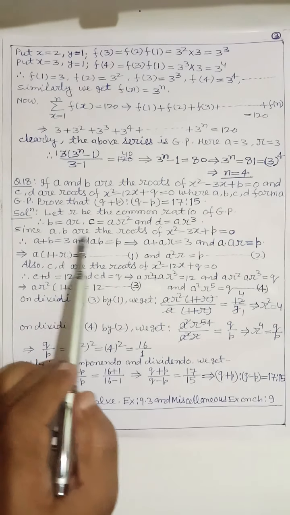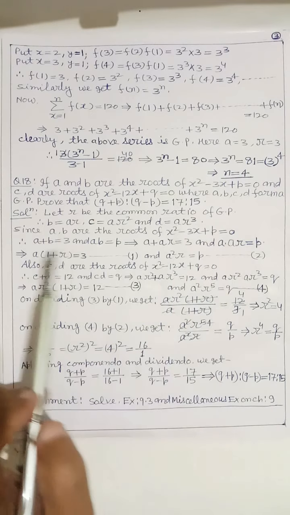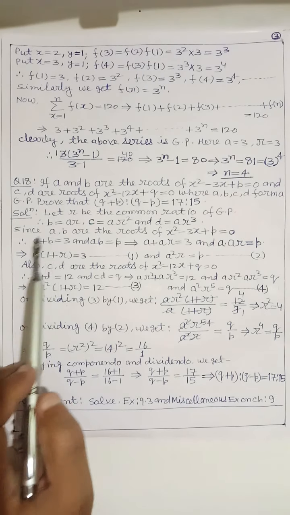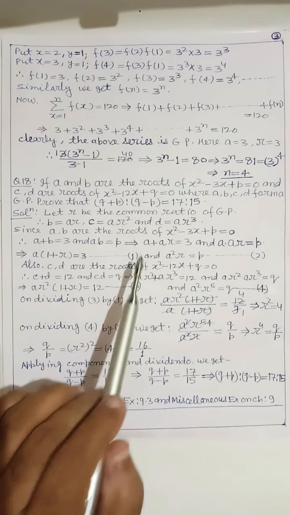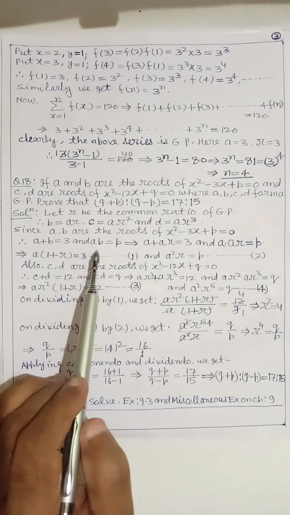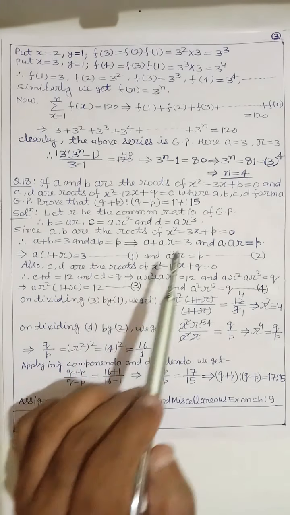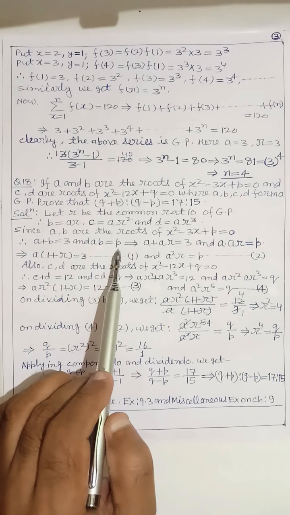Since a, b are the roots of x square minus 3x plus p equal to 0, then sum of roots we get minus b by a. Minus and minus, you will get 3 by 1 equal to 3, and product of roots equal to c by a, p by 1, you will get p.